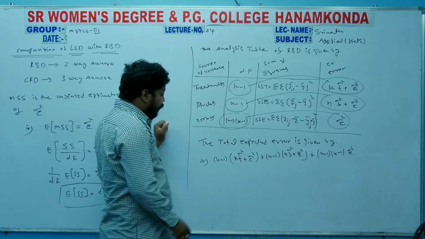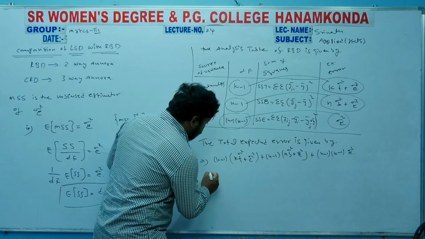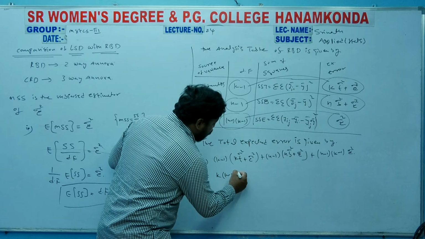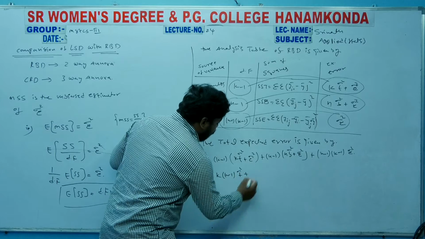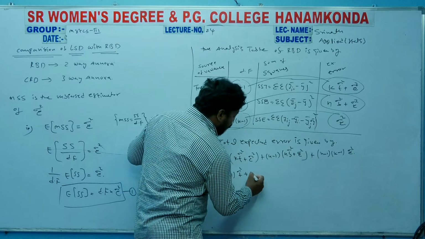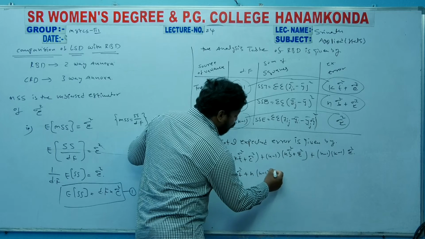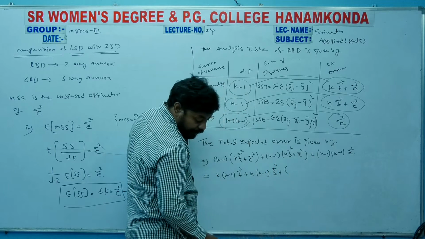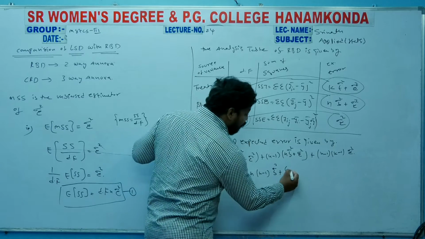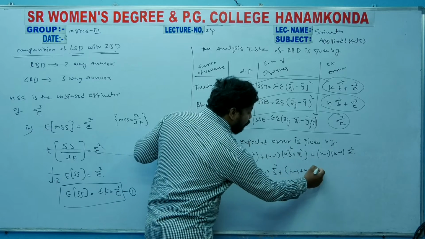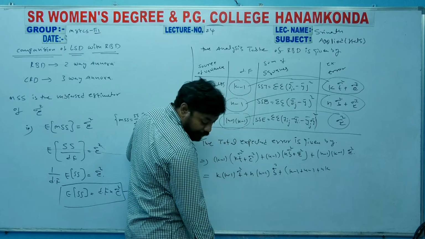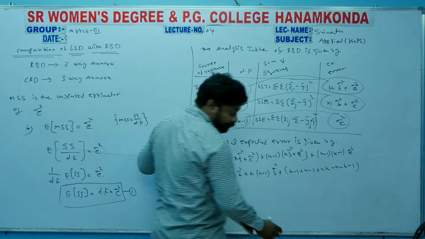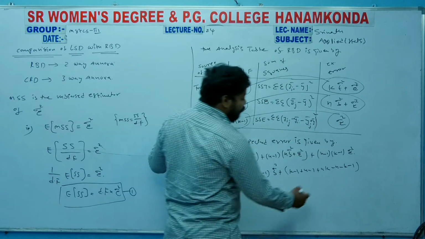Finally, we can write the statement: k into k minus 1 into variance of t plus n into n minus 1 into variance of b plus, and also we can write k minus 1 plus n minus 1 plus n into k minus n minus k minus 1 plus 1.